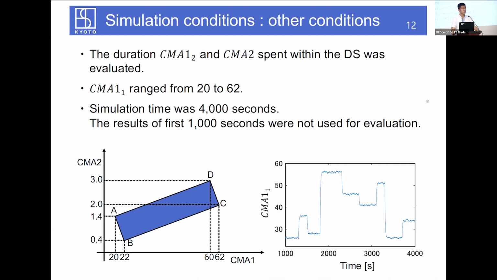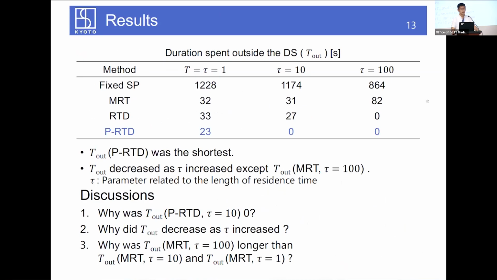This slide shows the result. The table shows the duration that CMA1 and CMA2 have been out of DS. We call this T out. For each case, we can see that the PRTD method has the shortest T out.